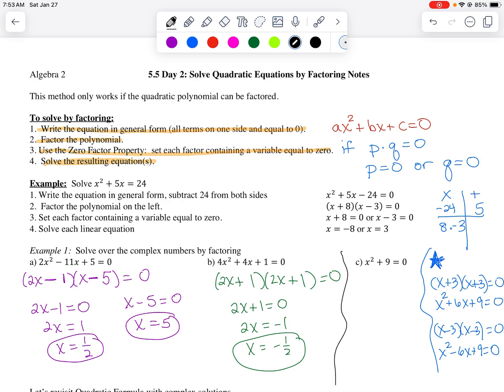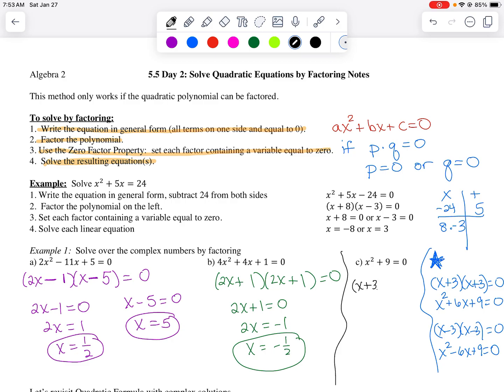This might blow your minds. And what we said before is if I had the sum of two perfect squares, x squared plus 9, I can't factor it over the real numbers. And you may not have picked up on that earlier this year when I said you could not factor over the real numbers. So watch what's going to happen.